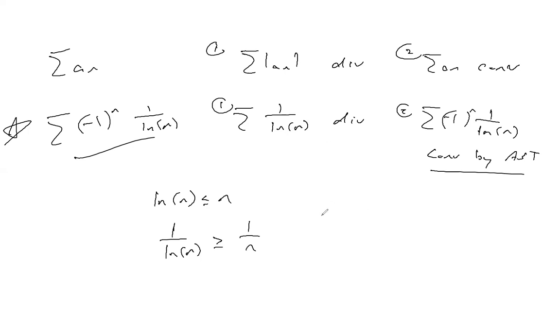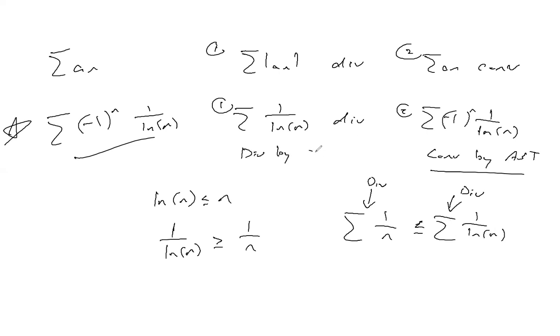So my series here of absolute values should be greater than or equal to the harmonic series. This is divergent, so my comparison test tells me this is divergent.